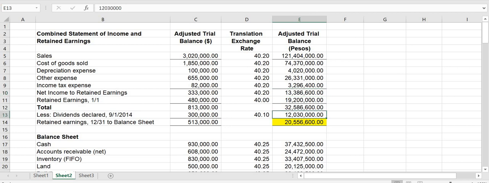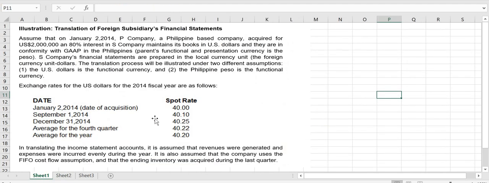less dividends. Dividends, as a rule, shall be translated at the exchange rate at the date when the dividend was declared. Since the dividend was declared on September 1, the exchange rate at the time is 40.10.